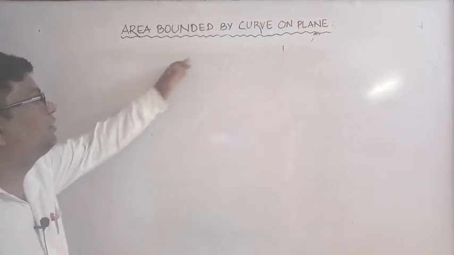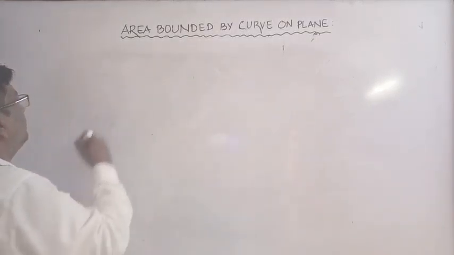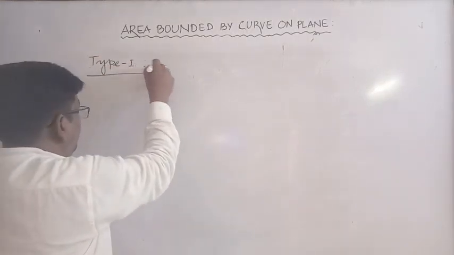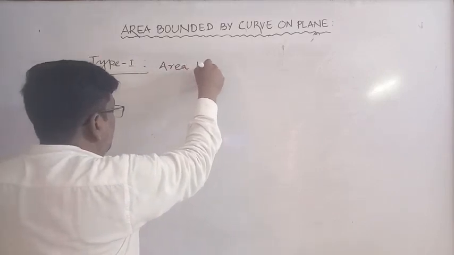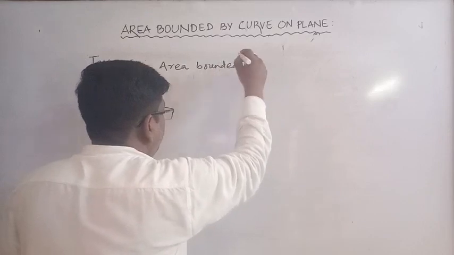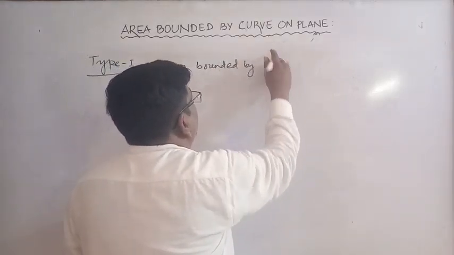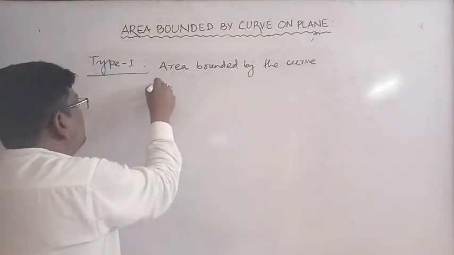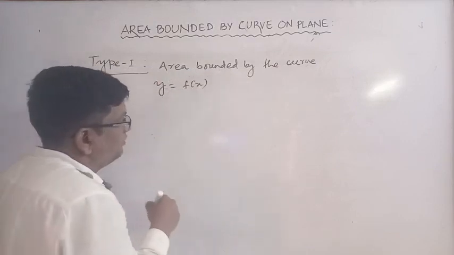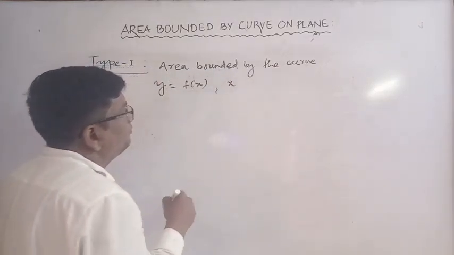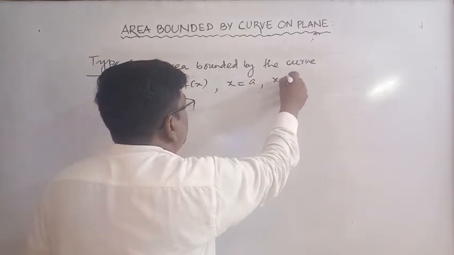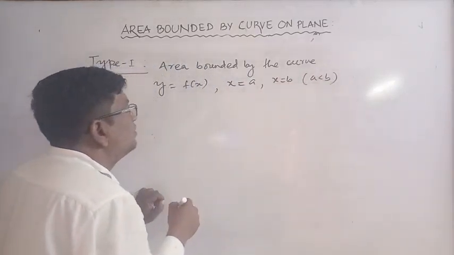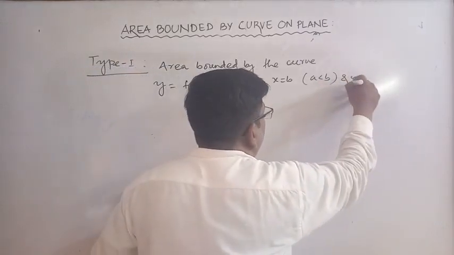Now area bounded by the curve on the plane. Type 1. Area bounded by the curve y is equal to f of x, x is equal to a, x is equal to b, where a is less than b, and y equal to 0.